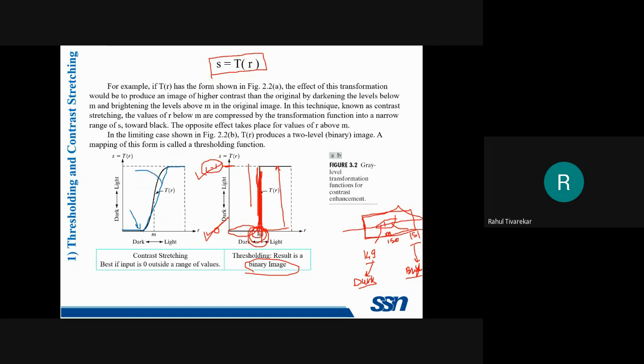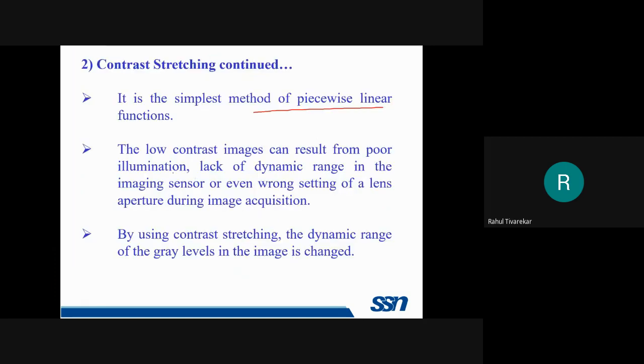I have a straight line here, this is also linear, and here also a linear function. So these are three pieces of a linear function, so I can call this a piecewise linear function. It is the simplest piecewise linear function, which is nothing but a contrast stretching operation graph.